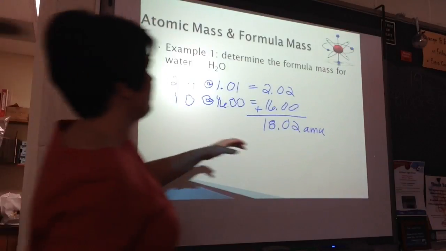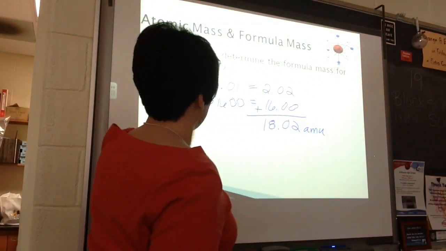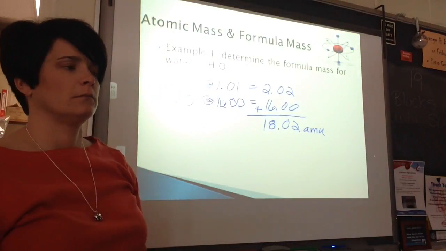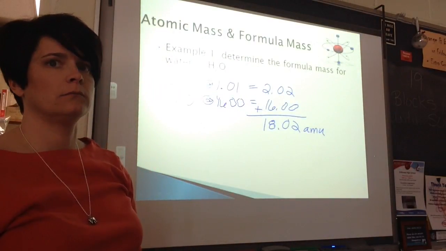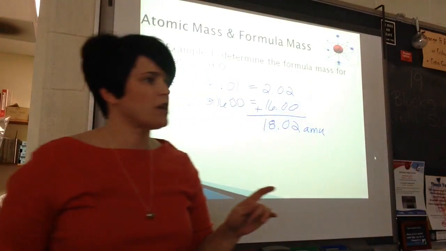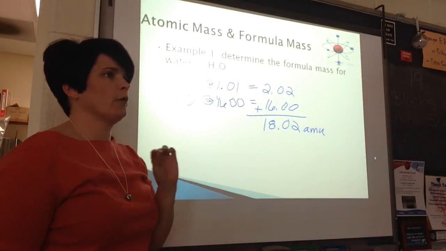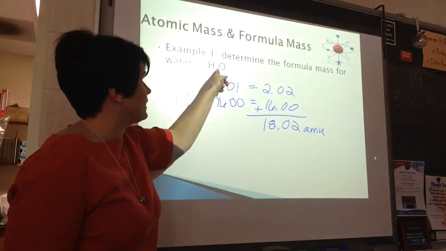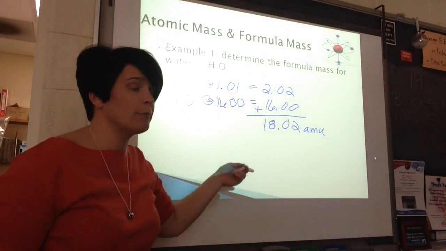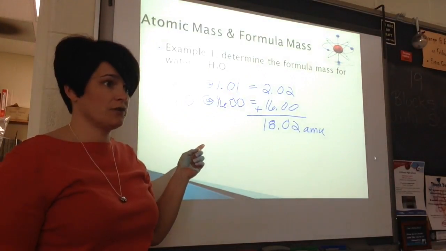So what is the formula mass for water? 18.02 AMU. Yeah? Can you appreciate that if I say what's the formula mass for water and you can't correctly give me H2O, you can't do this? You can do it, but it's going to be on a wrong formula. Do you understand?